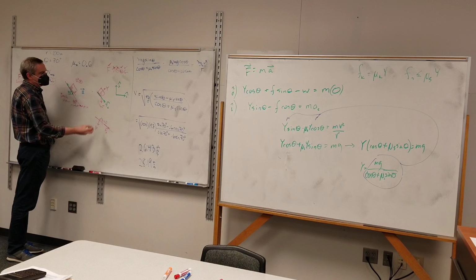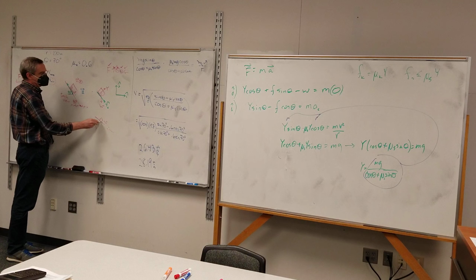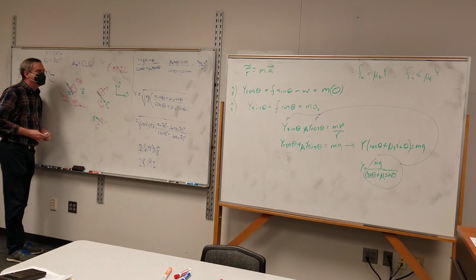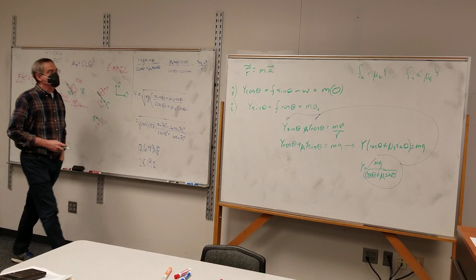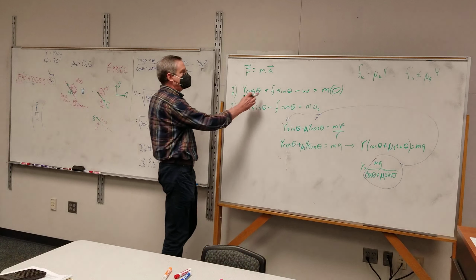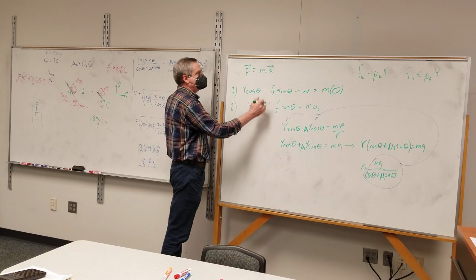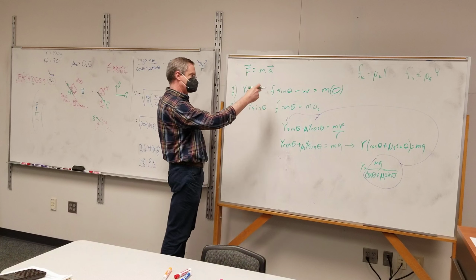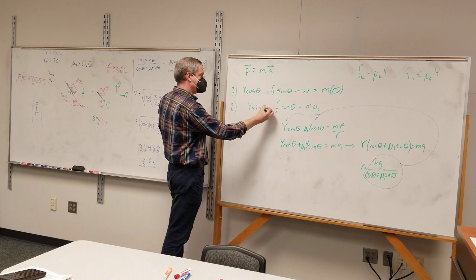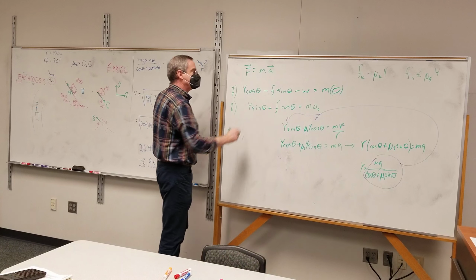Friction is now down the slope. Weight and normal force haven't changed. Friction has switched directions, which means that was minus before, so that's now a plus, that's now a minus.